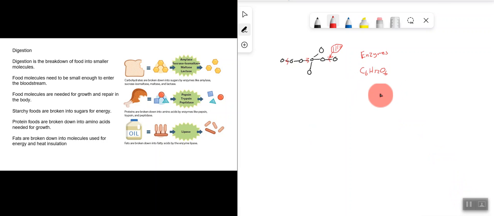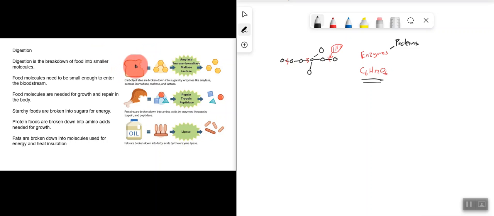So enzymes are themselves proteins, and what they do is help us to digest. Digest means to take these long complicated molecules and break them down into simpler forms that your body can use.